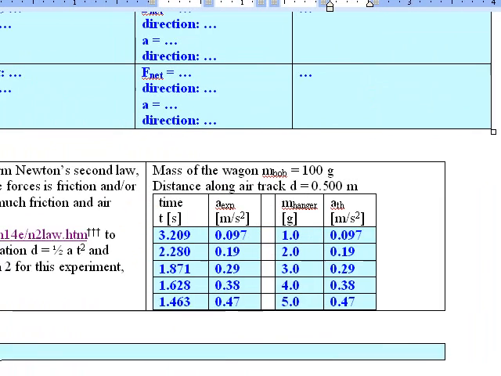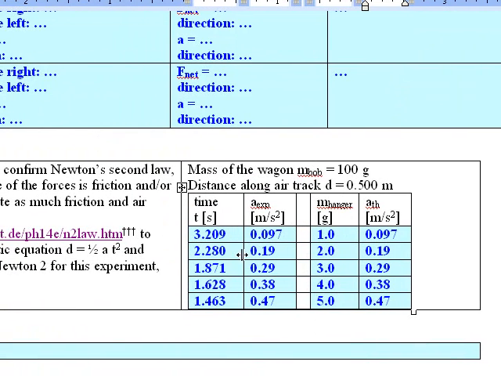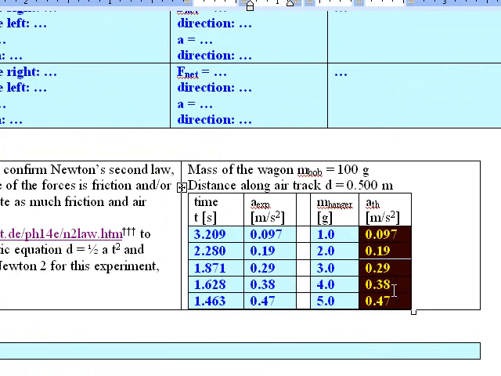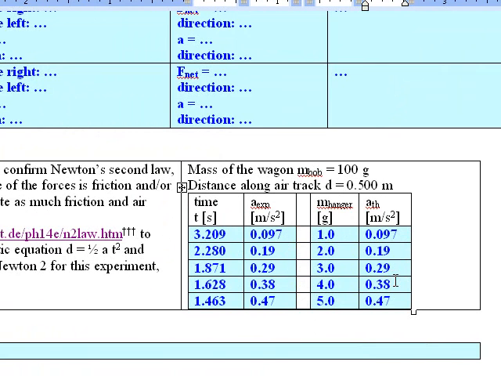So the outcome is that these are the experimental accelerations and these are the theoretical accelerations, and they look perfect, but that's because the simulation that I used apparently was written in a perfect way. It didn't allow for errors, I guess.